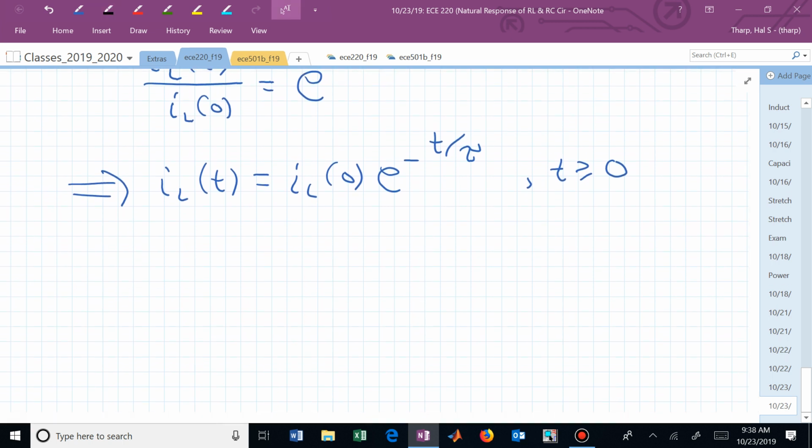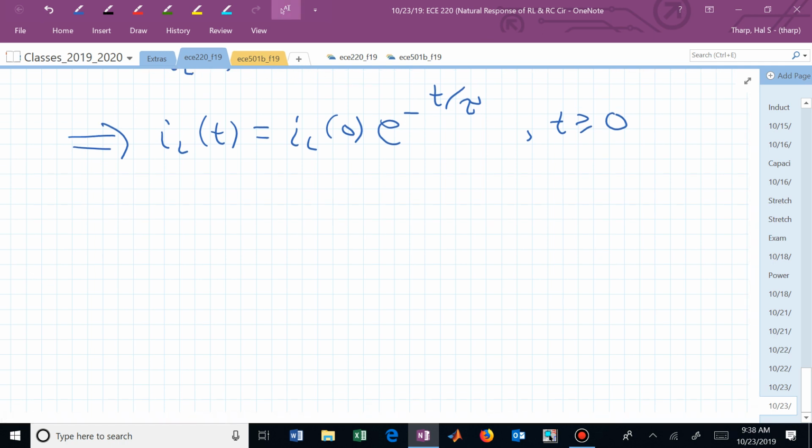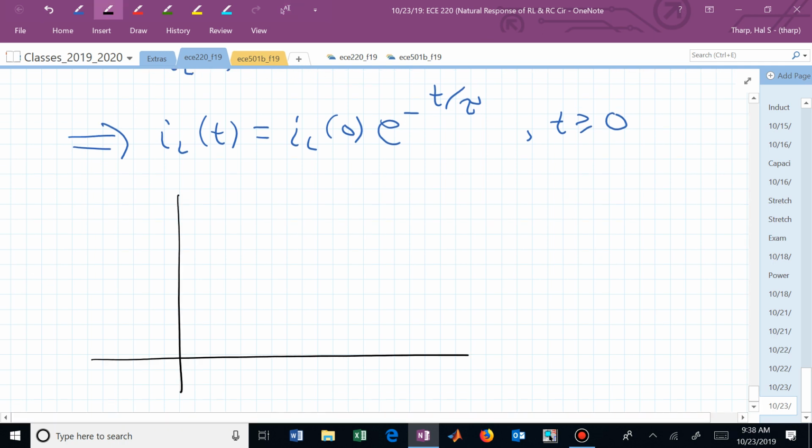And now what do you see when you see that expression? If you now wanted to sketch I sub L of t, what would it look like? That's just the exponential decay. And what's our initial value of the current?